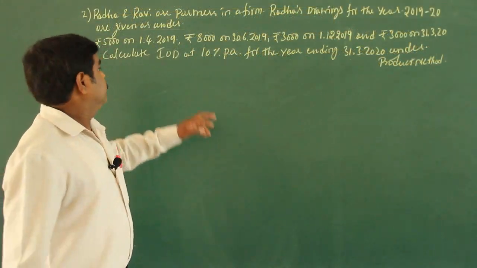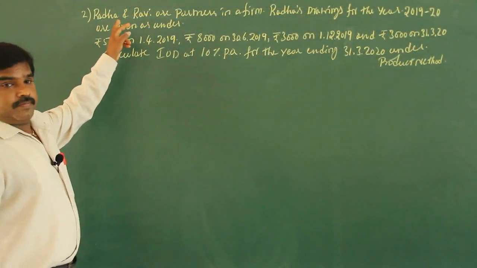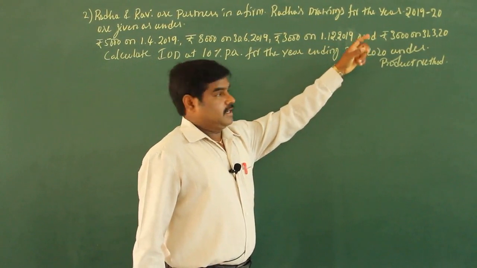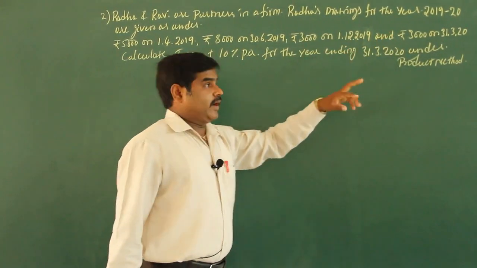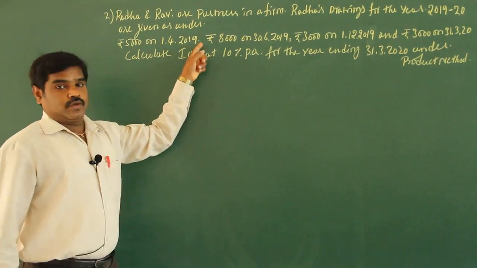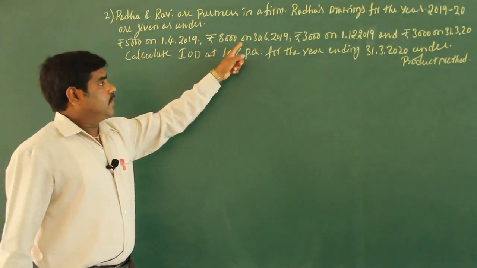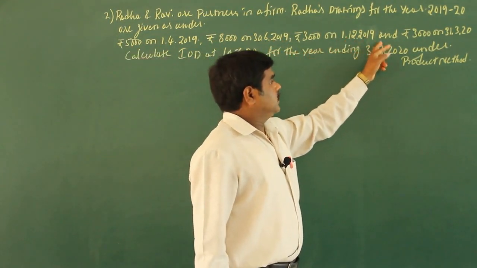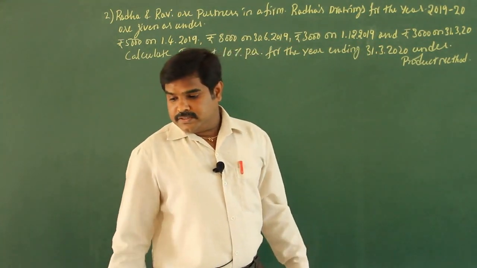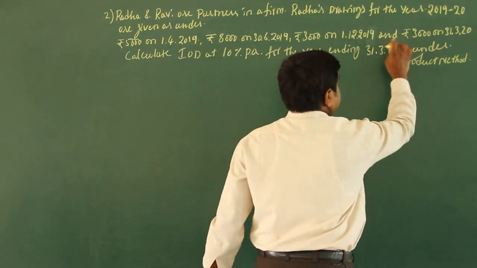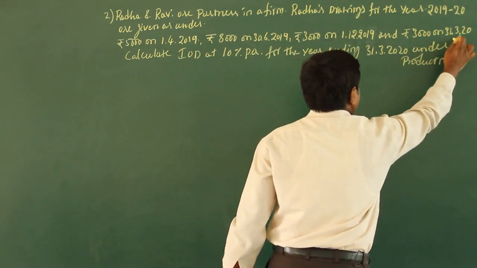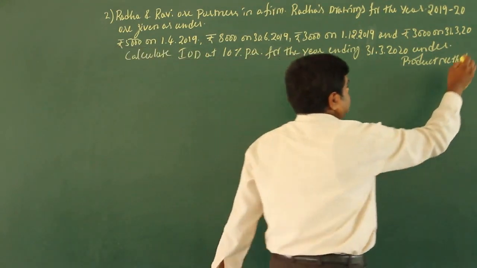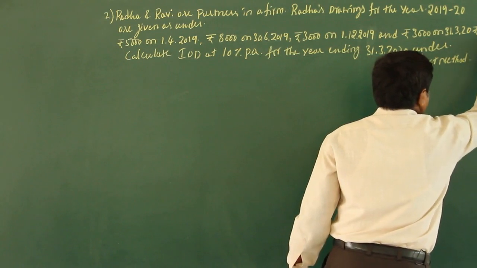We'll go to the second problem. I have written the second problem on the board. Radha and Ravi are partners in a firm. Radha's drawings for the year 2019-20 are: rupees 5,000 on 1/4/2019, rupees 8,000 on 30th 6 2019, rupees 3,000 on 1/12/2019, and rupees 2,000 on 31st March 2020.